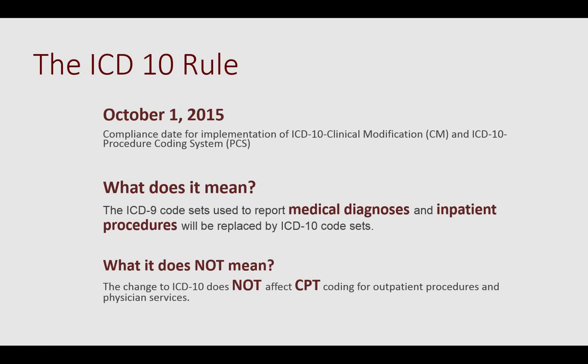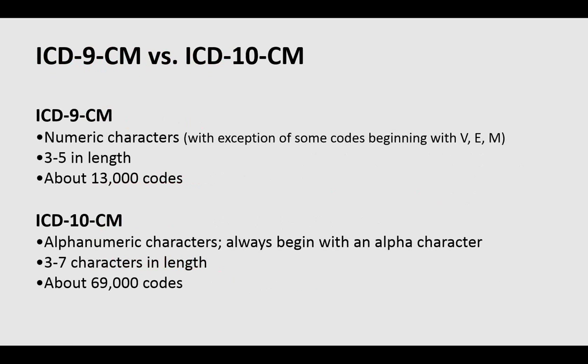So it is going to affect the way we code, and certainly there are vast differences between ICD-9 and ICD-10. For example, in the world of ICD-9, our codes are all numeric characters. For the most part, there are some exceptions, but for the most part, they are numeric characters, about 3 to 5 characters in length, and there's approximately 13,000 ICD-9 codes.